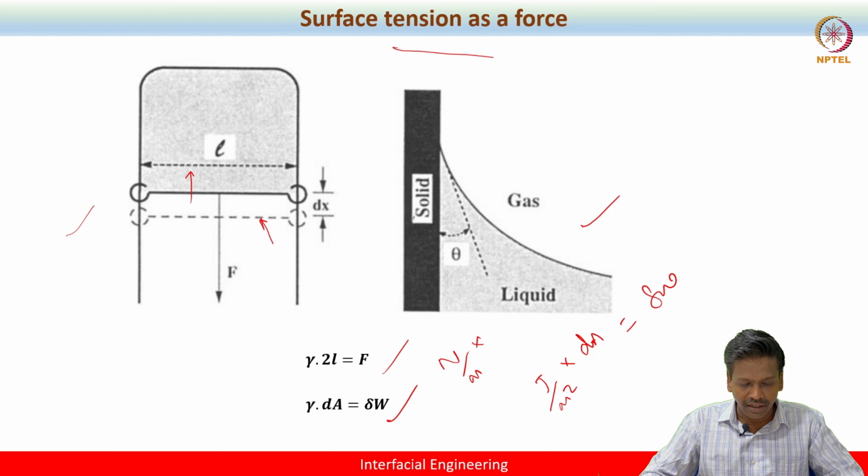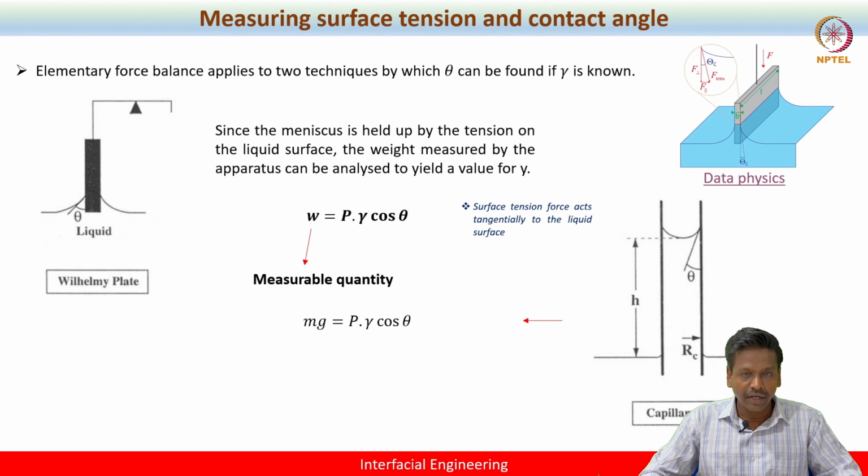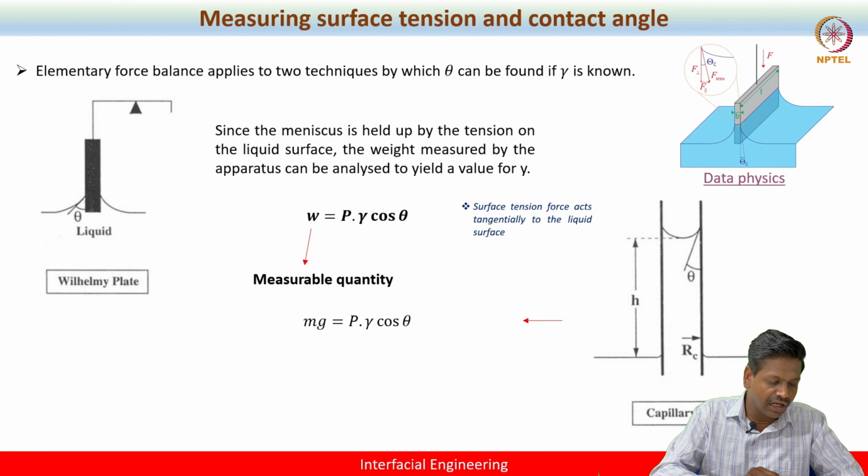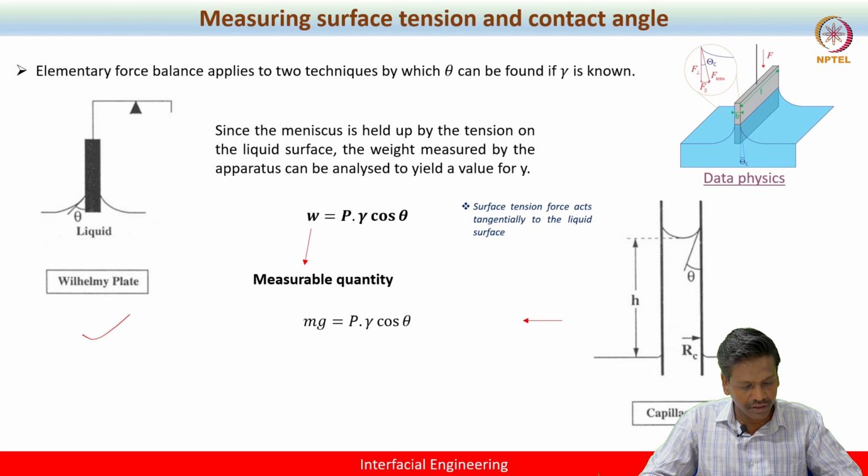We'll see them in detail, right? So these are some of the concepts. In this way, we can explain surface tension as a force. Okay, right. So now we will look at how the Wilhelmy plate is used to measure the surface tension.